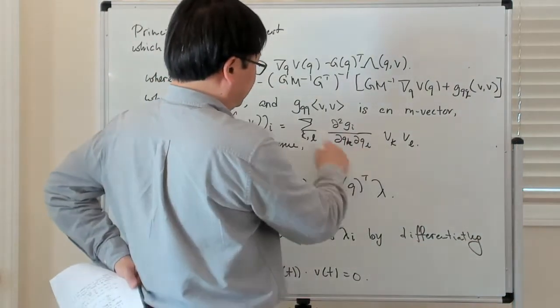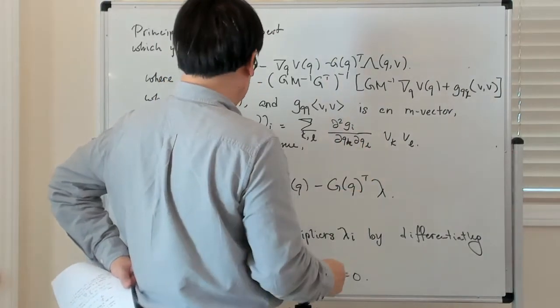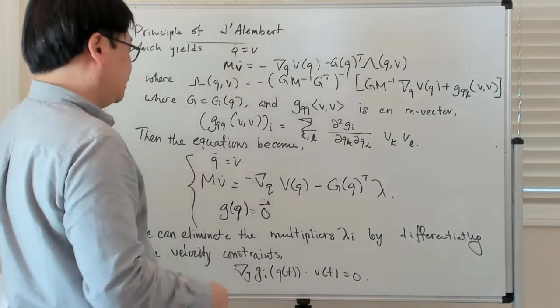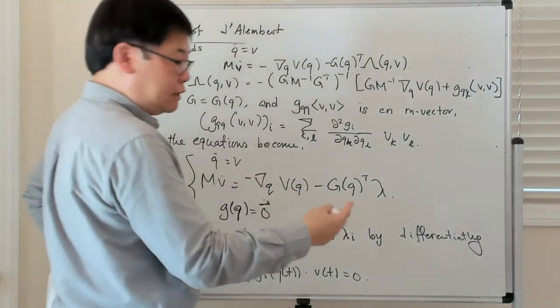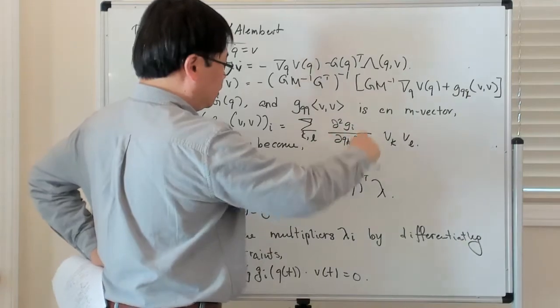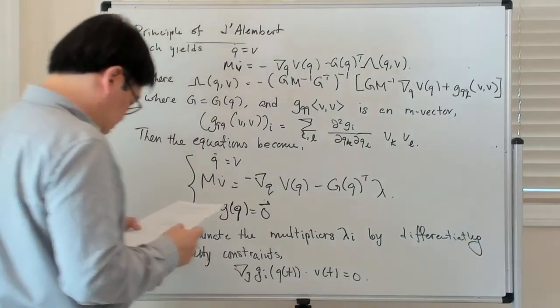You can think of it as something like V transpose times this matrix times V. So that's a quadratic form, and that's basically what you have there.